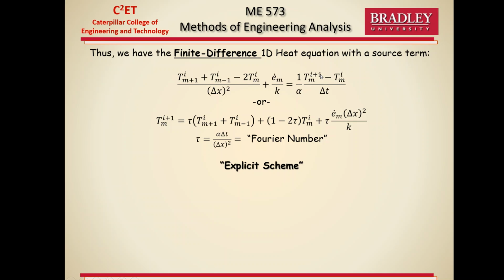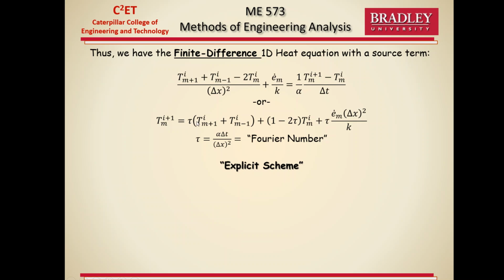I plus 1 means 1 delta t later than time I. This is the only term that represents a later time. Everything else in here is at the earlier time. See that? Therefore, it's really easy to solve for the temperature at spatial node M at a later time I plus 1. That equals then this tau, which by the way is given by this after you do a little bit of algebra. Again, stop the video and do the 2 or 3 steps it takes to convince yourself this is correct.